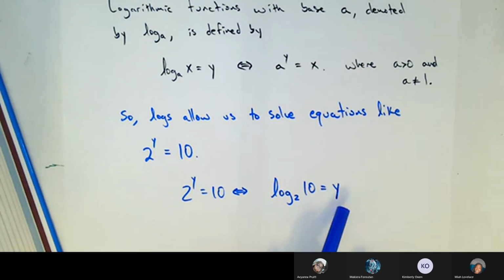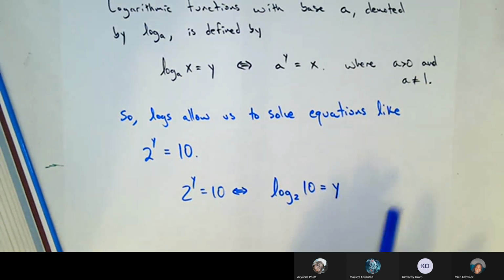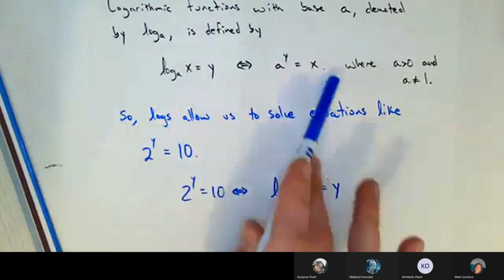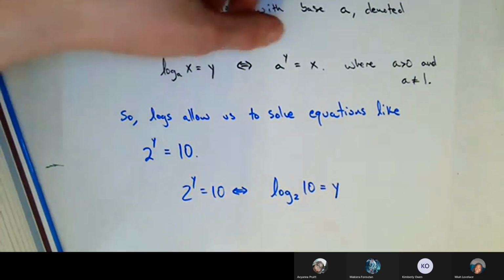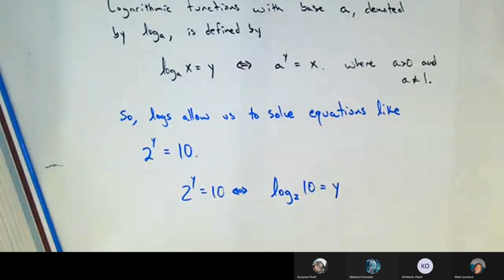It explicitly solves for the y value, which is the input of the exponential function. That's a little bit backwards, but that's how the book does it. So logs undo exponential functions.